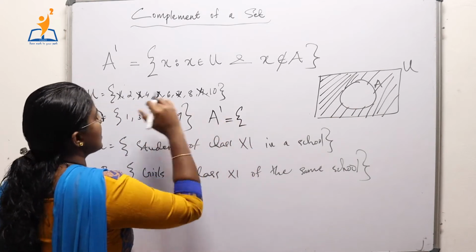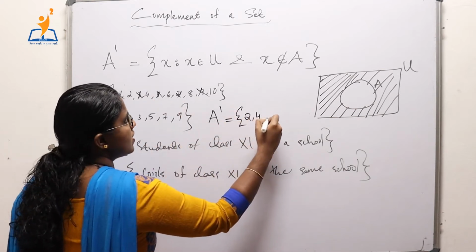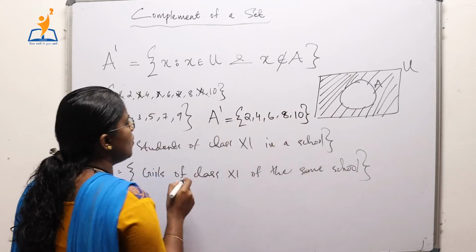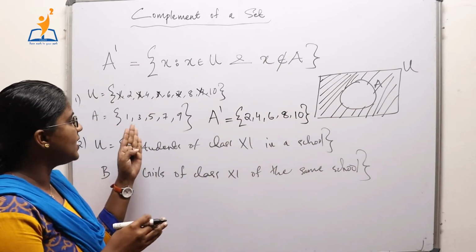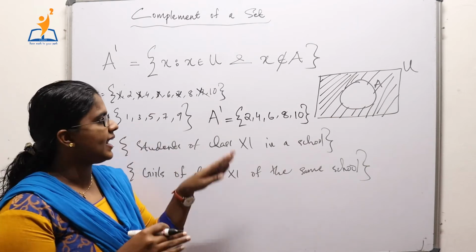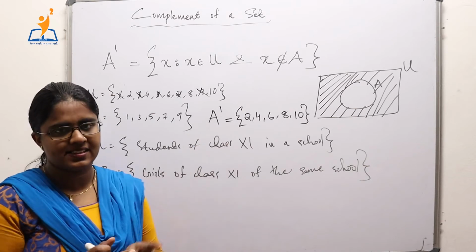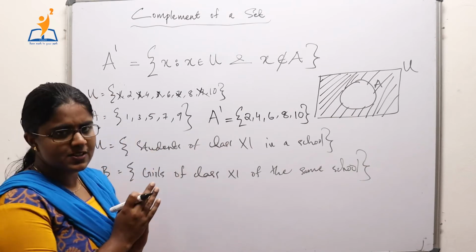So they are 2, 4, 6, 8 and 10. So in A we had 1, 3, 5, 7 and 9, and in A complement we have 2, 4, 6, 8, 10.